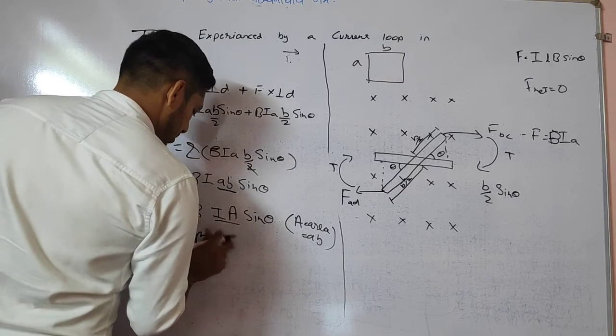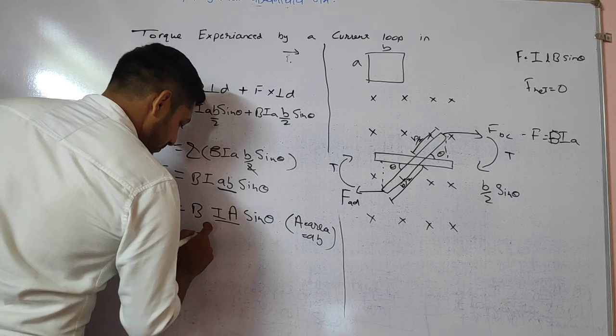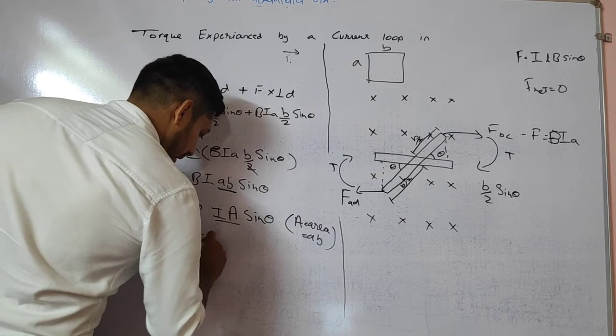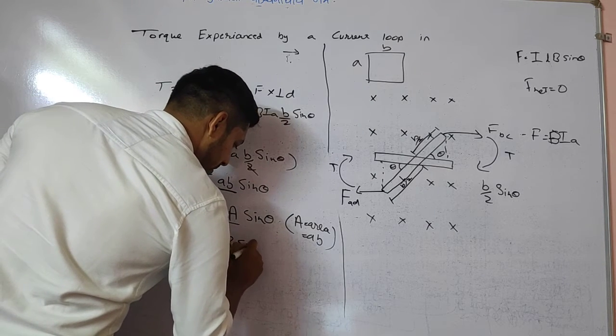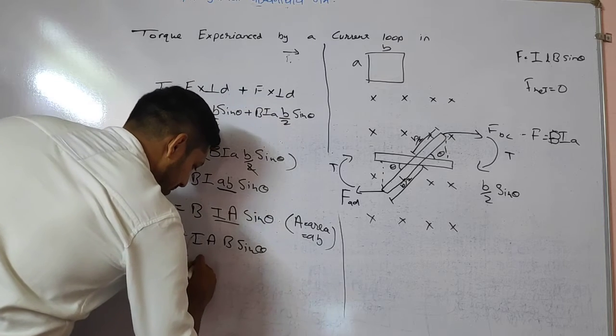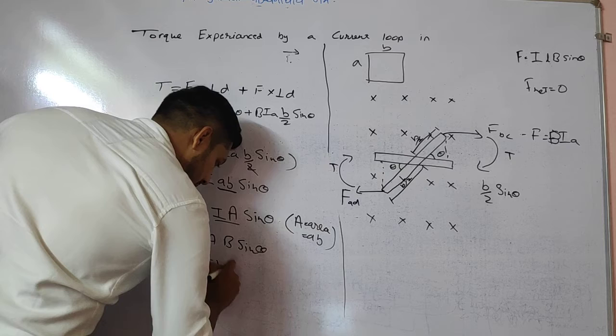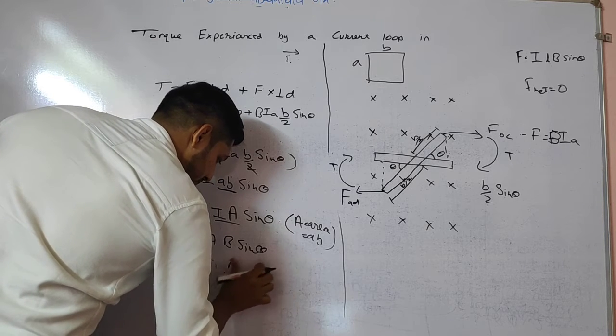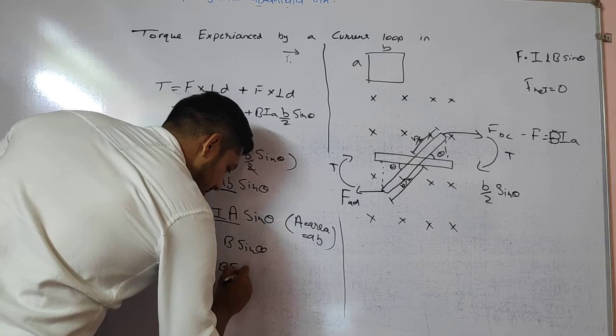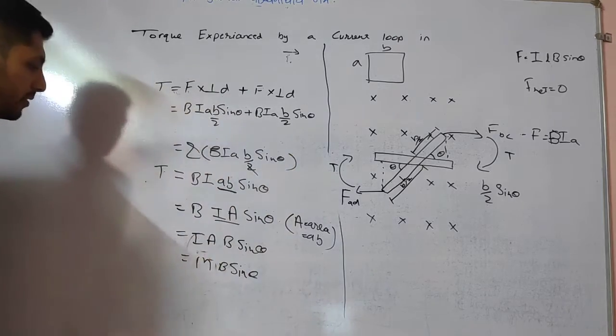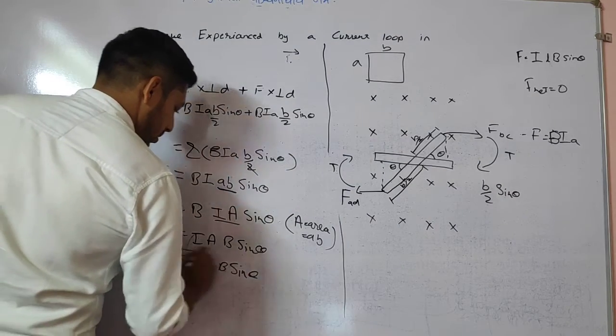M. I can rearrange it. IA, here it will be magnetic moment, in scalar form, into B sine theta. This will be our torque.